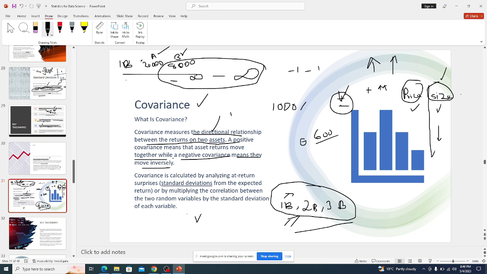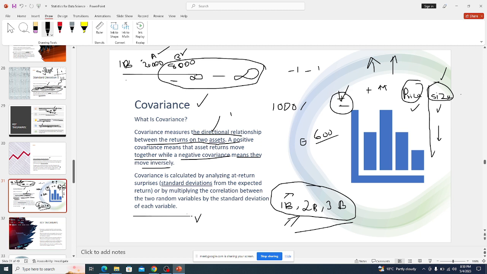Yes. So covariance is calculated by analyzing returns, that is surprises, or standard deviations from the expected return, or by multiplying the correlation between two random variables by the standard deviation of each variable.